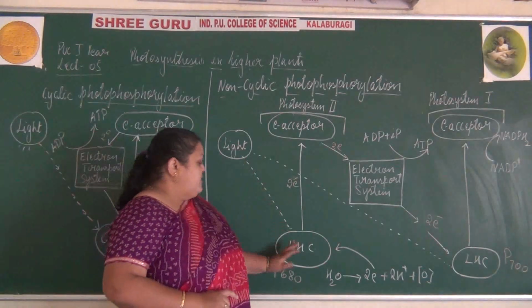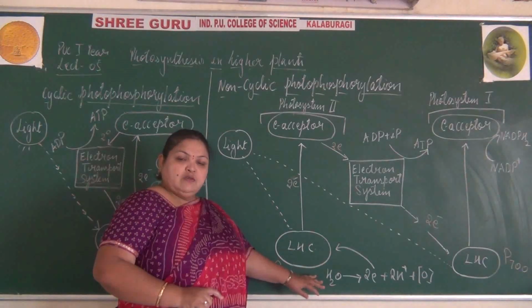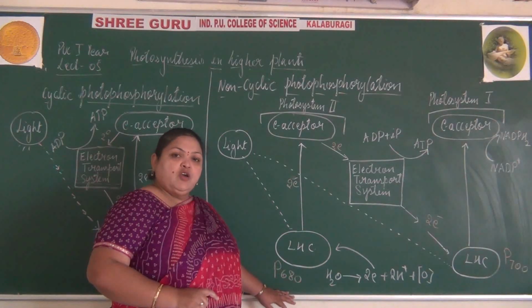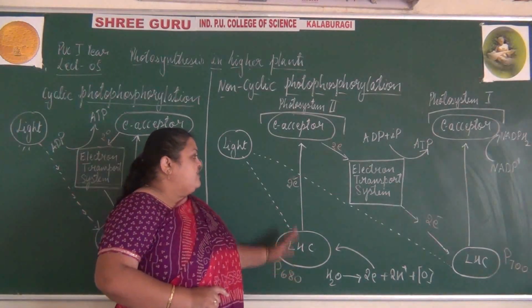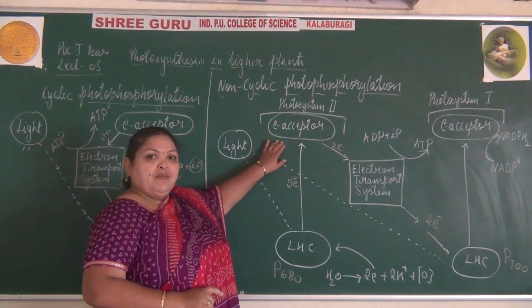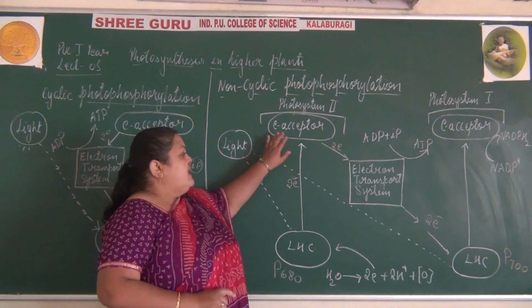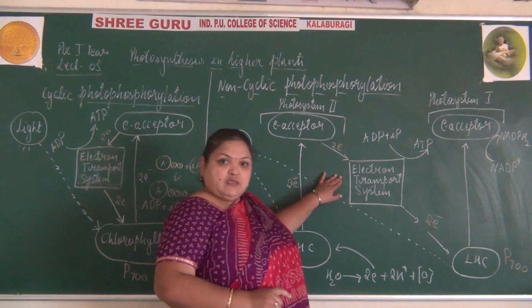So as the light falls on the light harvesting complex, which absorbs the wavelength of light of 680 nm, it gets photoexcited and releases the electron to the primary acceptor. From the primary acceptor, the electrons pass to the electron transport system.